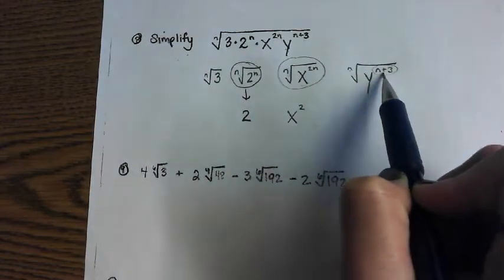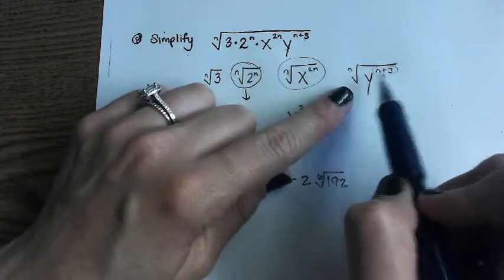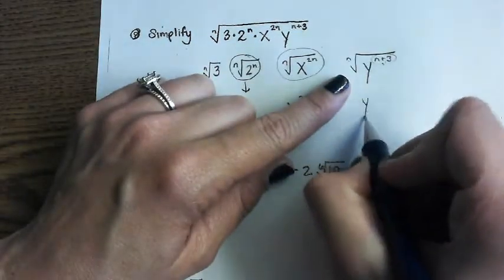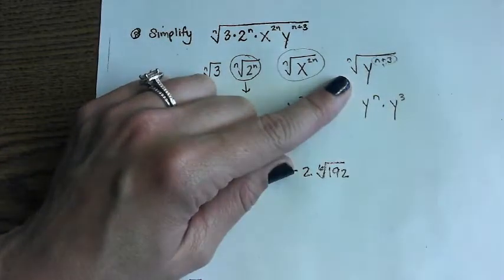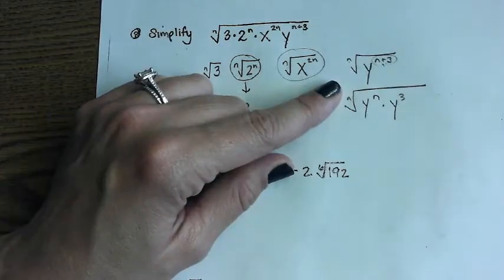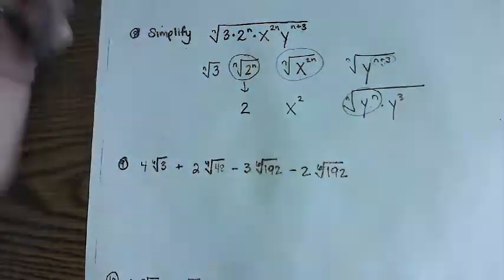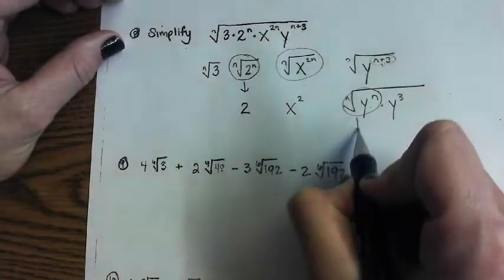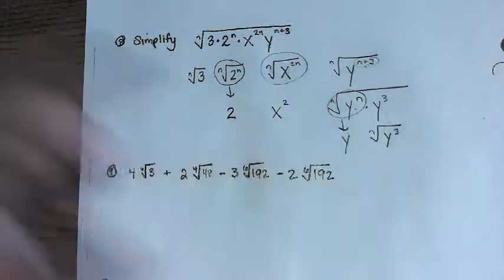And furthermore, we don't know what n is. So what we can do, though, is we can break down y to the n plus 3 into y to the n times y to the third, can't we? And we can take the nth root of that. Because the nth root of y to the n is just what? Y. And then the nth root of y to the third I can't really touch.